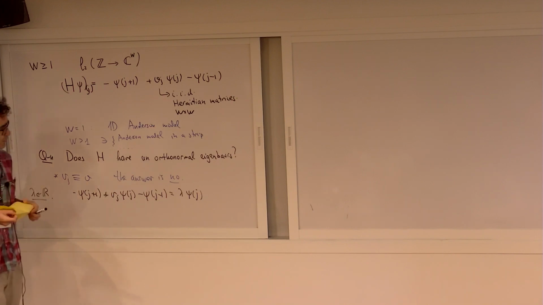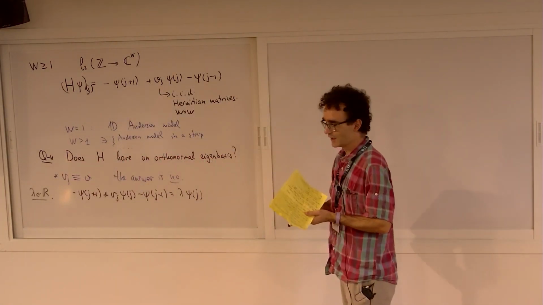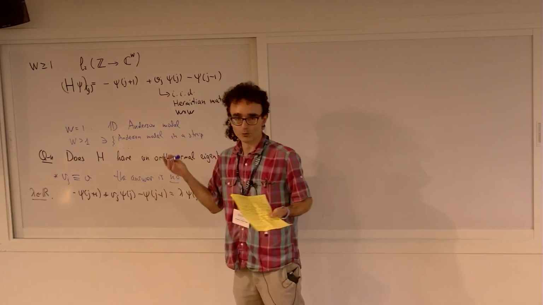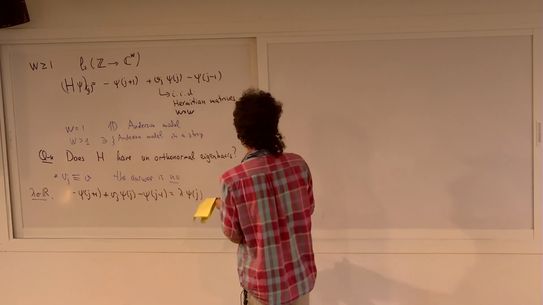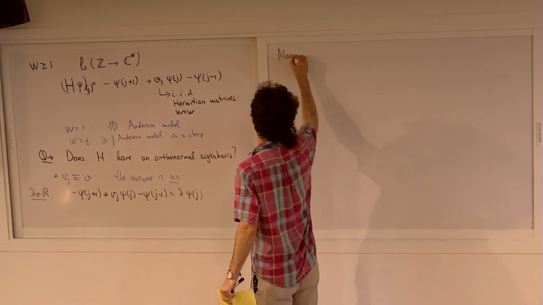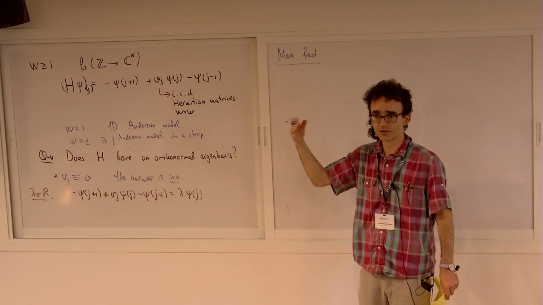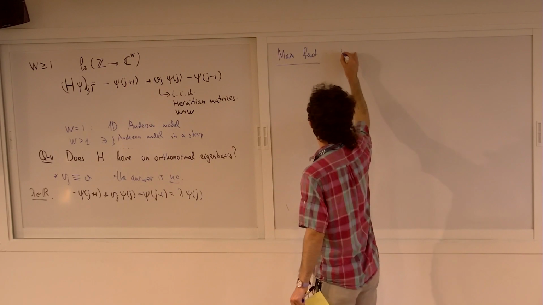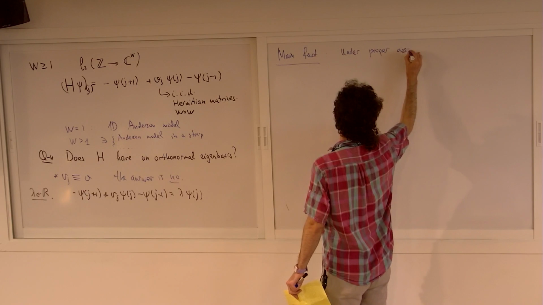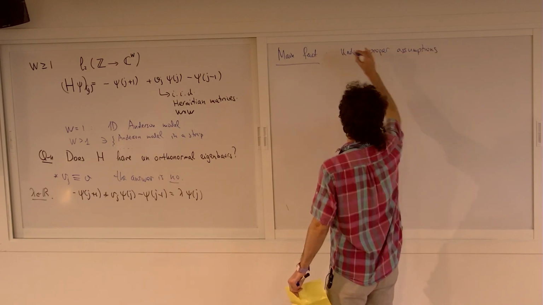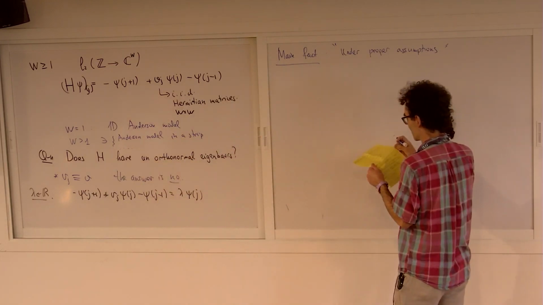As opposed to this case, if we are properly random, the situation is completely different, and the main fact, I'll give references later, but this is somehow the summary of the research in the 70s and the 80s, is that under proper assumptions, excluding the case of degenerate distributions, the answer is yes.